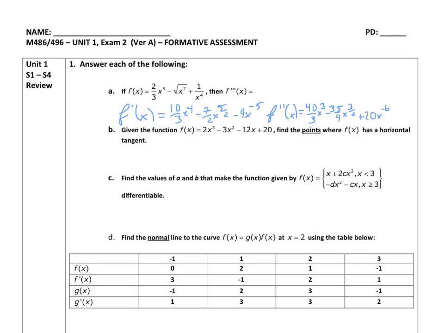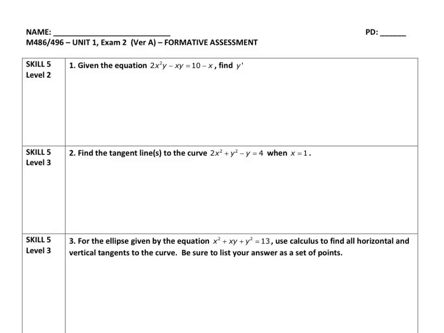And now last but not least, I'm going to take a third derivative, and I'm going to get 40x squared minus 105 over 8 x to the 1 half minus 120 x to the negative 7th. And there's my answer for that problem.